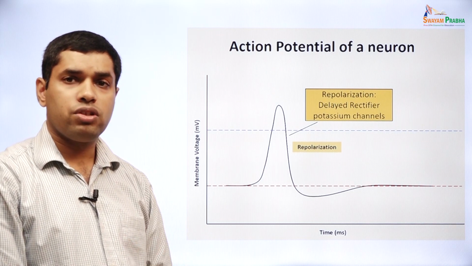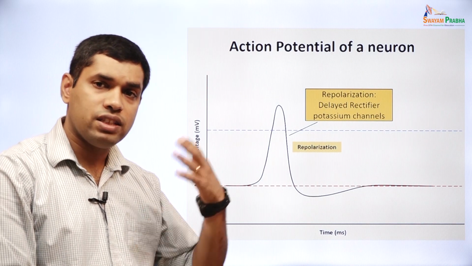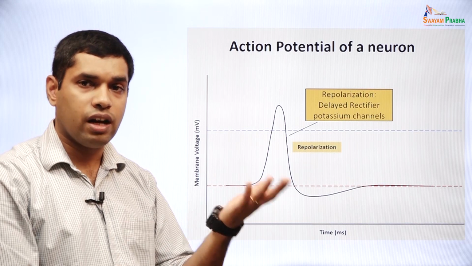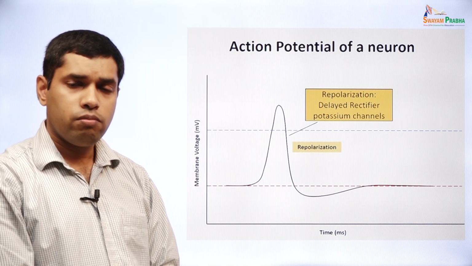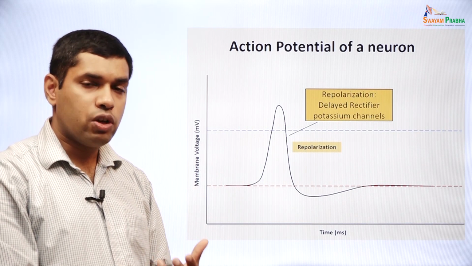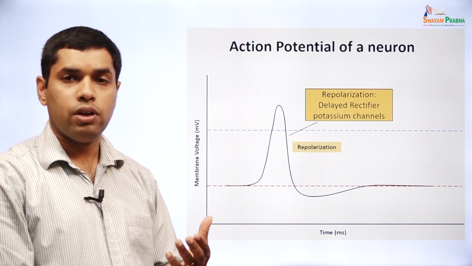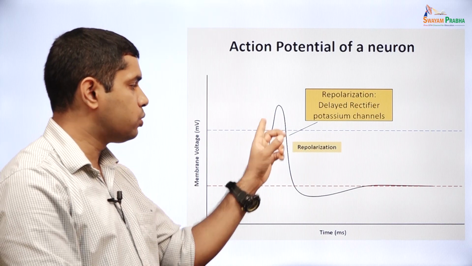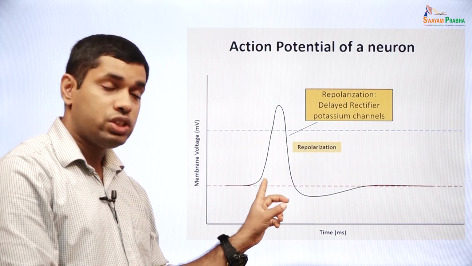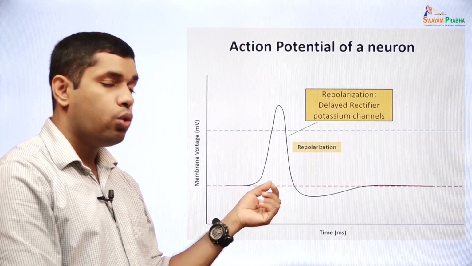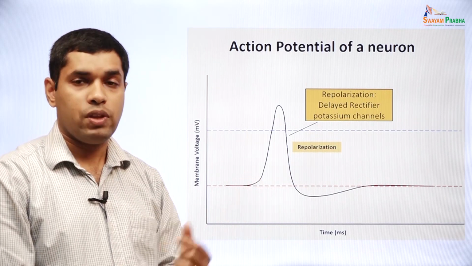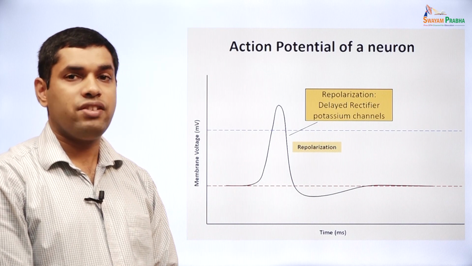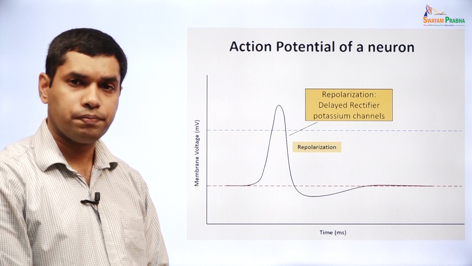Now we talked about rectification, and we said that these are outward rectifiers. They permit an outward current preferentially. But why delayed? That's because these channels open with a slight delay, as opposed to the voltage gated sodium channels which open very rapidly. The voltage gated potassium channels open with a slight delay. So therefore these are called delayed rectifier potassium channels.